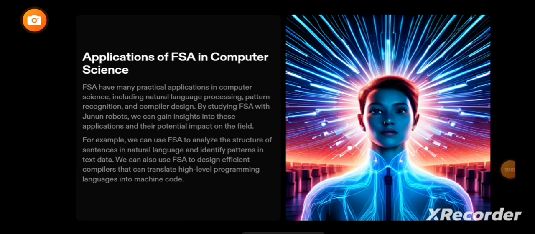For example, we can use FSA to analyze the structure of sentences in natural language and identify patterns in text data. We can also use FSA to design efficient compilers that can translate high-level language into machine code.